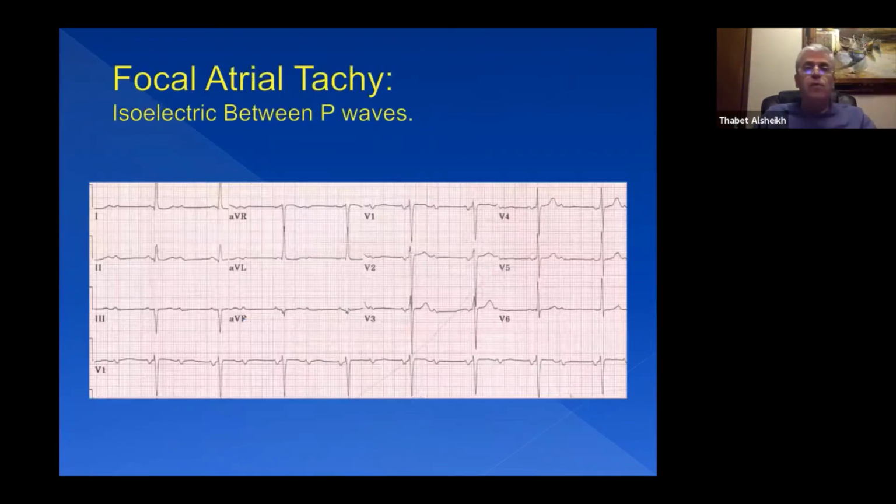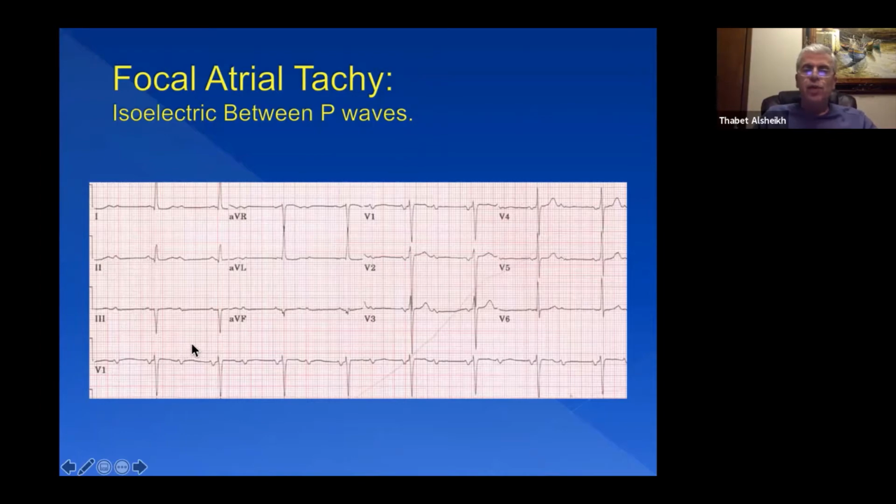It's a re-entry. When we look at focal atrial tachycardia, the key thing when you look at the surface ECG to tell whether it is focal or reentrant tachycardia is to look if there is any isoelectric line between P waves. In this case, we have sinus tachycardia, the sinus rate about 110 beats a minute.